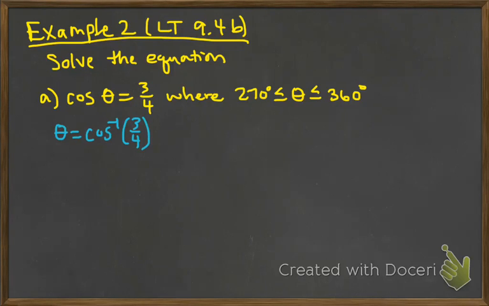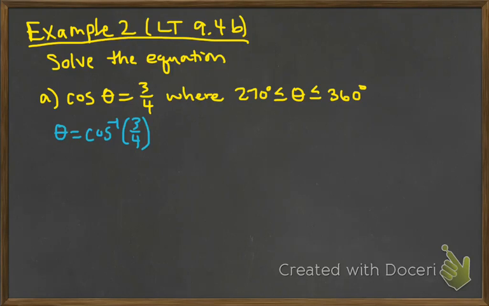Now it looks just like the last problems that we did. Thinking back to example 1, 3/4 is not on that chart that I gave you. So this is one where you just type it into your calculator and do the inverse cosine of 3/4. Because the restriction on the domain is in degrees, that means that's what they want the answer in, so make sure your calculator is also set in degrees.